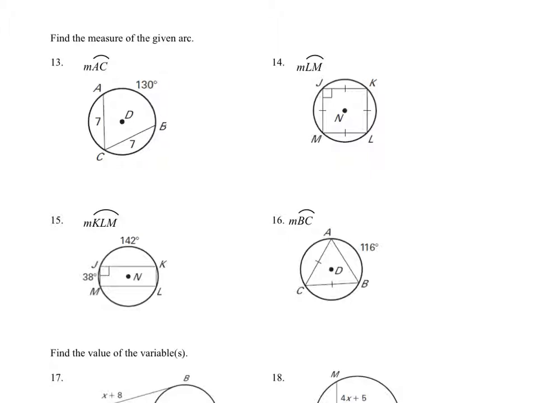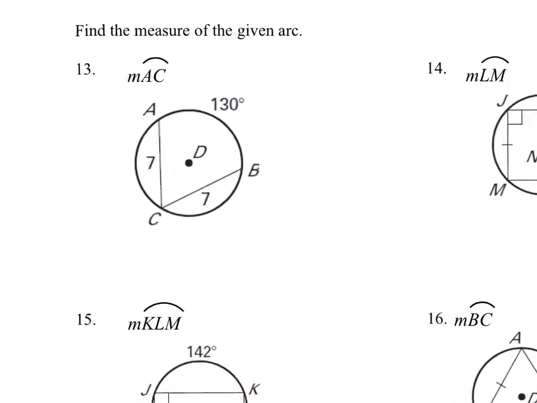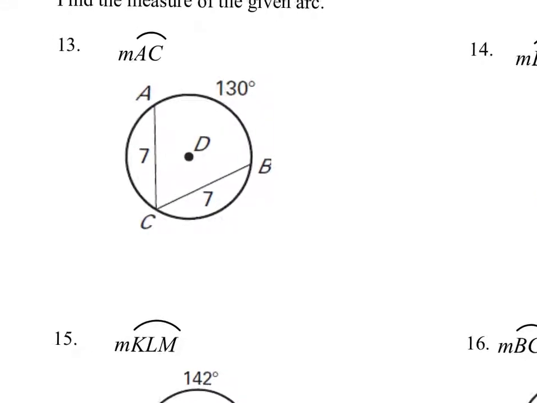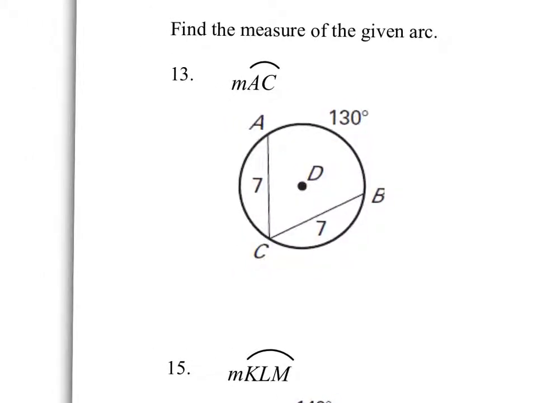So in this first example, we're using a theorem that talks about an inscribed angle. We talked about this earlier in the video if you were watching, and if not, let me just demonstrate here.